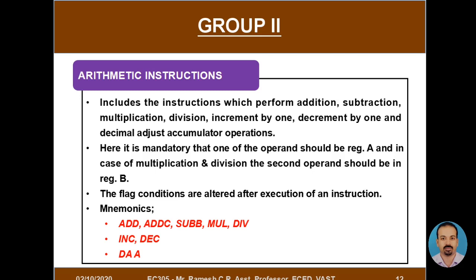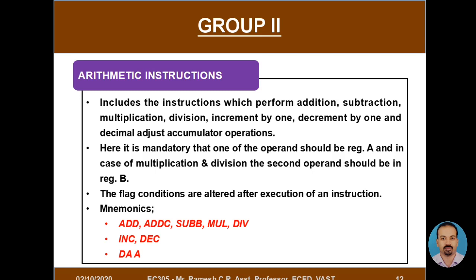Okay, the common mnemonics categorized under arithmetic instructions are ADD and ADDC. ADD and ADDC differ in the sense that ADDC adds the values of the registers or memory locations with the carry flag information, and ADD doesn't consider the carry flag.